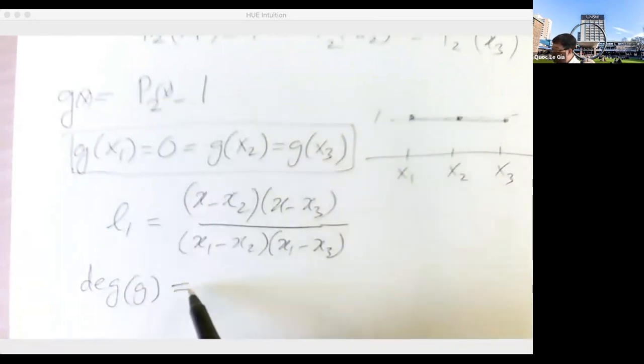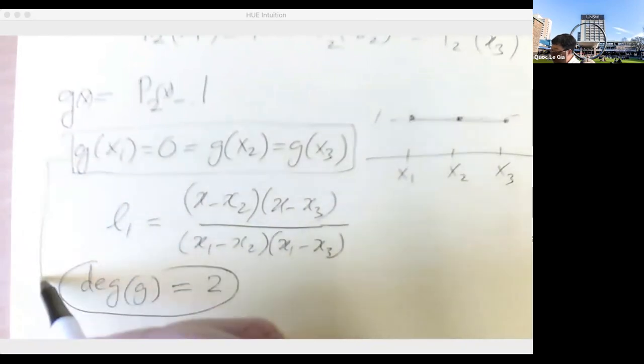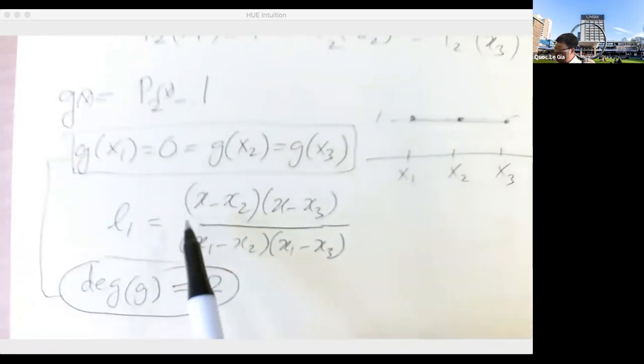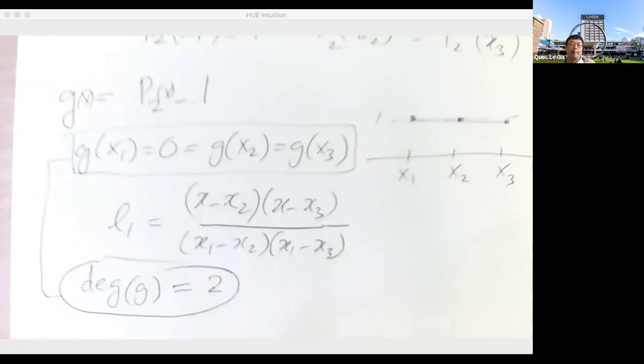So G equals 0 at 3 points and its degree is 2. Can we say that G equals 0 everywhere, identically 0? So what theorem?